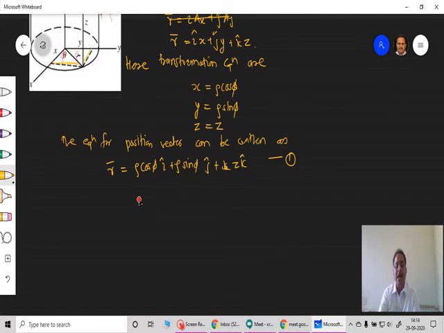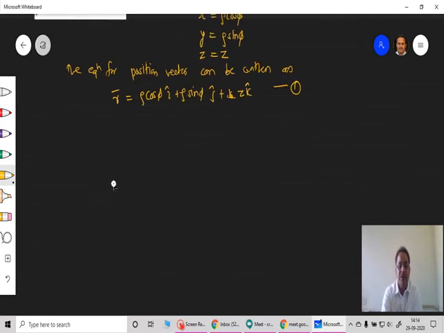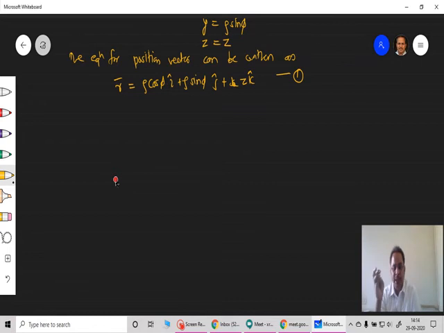This is our r bar, and we have to differentiate this r bar with respect to u1, that is rho, then phi, that is u2, and then with respect to u3, that is z. So let's obtain these three differentiations.